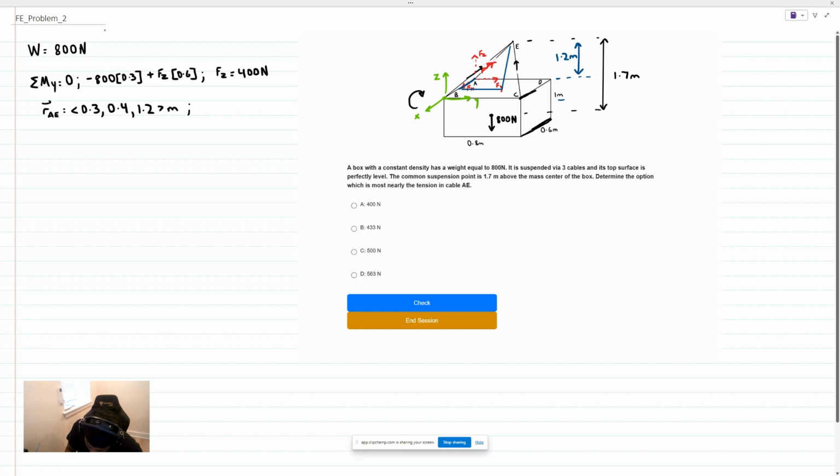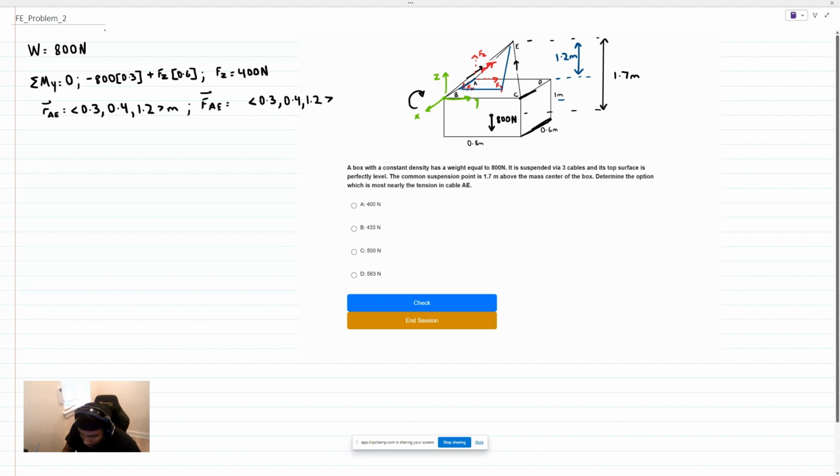We know that all we have to do in order to get that force AE is scale up that position vector by some scaling factor. That position vector is 0.3, 0.4, and 1.2.